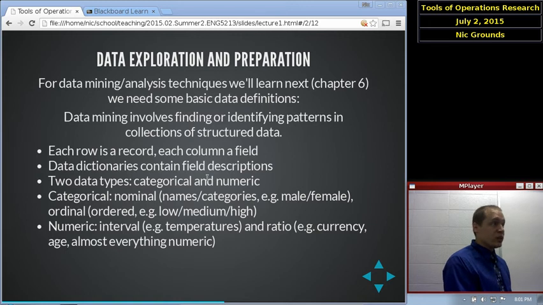The only real good example I have is temperature. So temperature data is numeric, but it's interval but not ratio numeric. That is, the ratio between values doesn't really have a set meaning for temperatures. You can't necessarily say that 100 degrees is twice as hot as 50 degrees, mainly because it depends on what scale of temperature you're talking in.